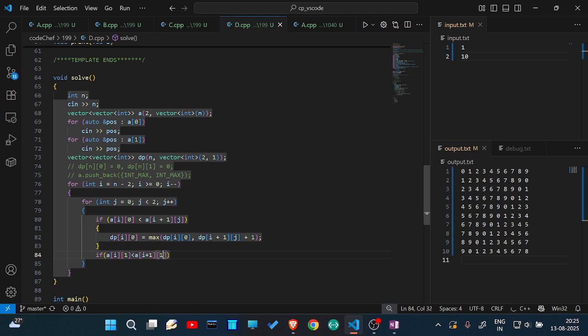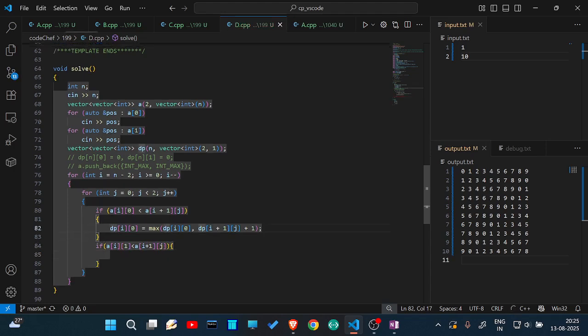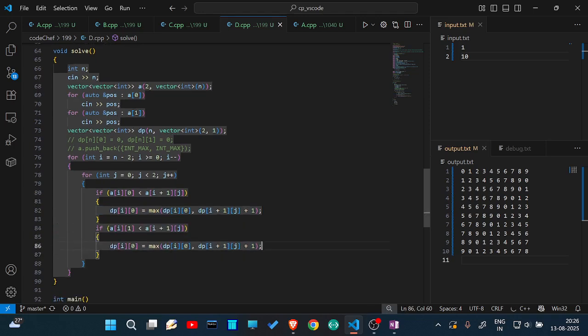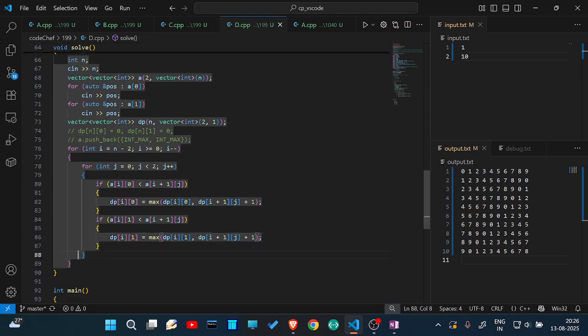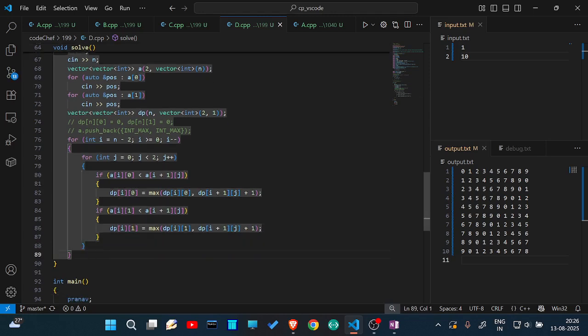A of I plus 1 comma 1. And again, similar kind of thing: Control L and just copy the line, Control V and format document. And it's for me here 1 and 1. I guess this should be the solution.